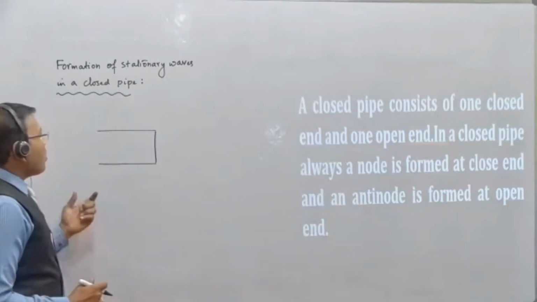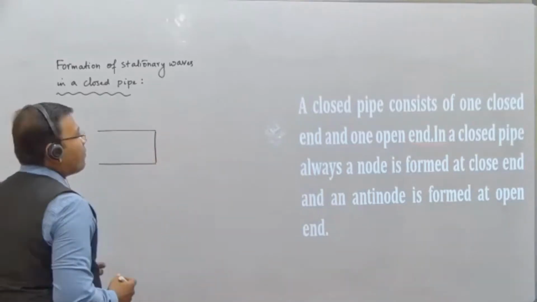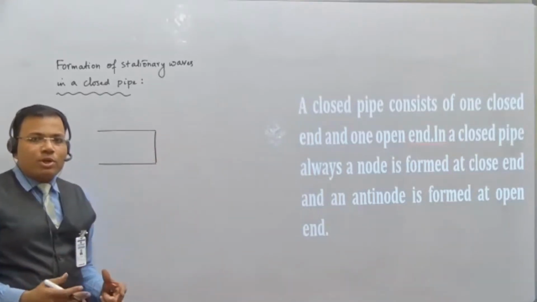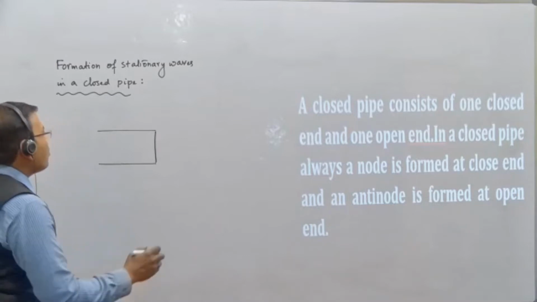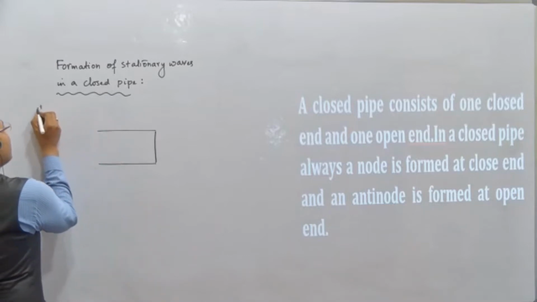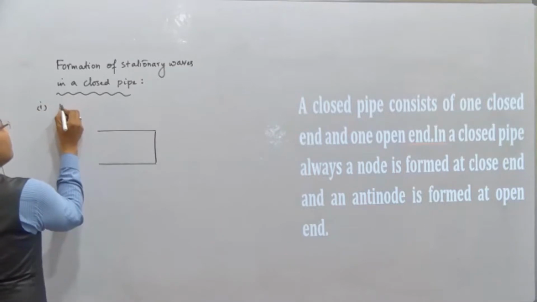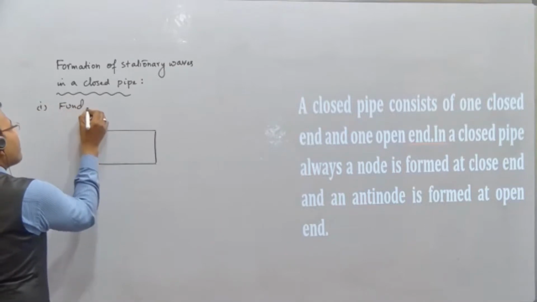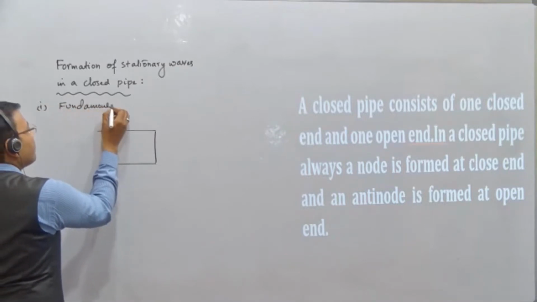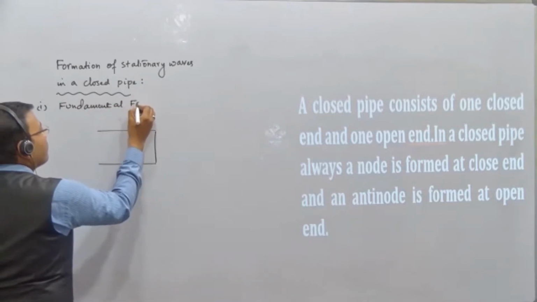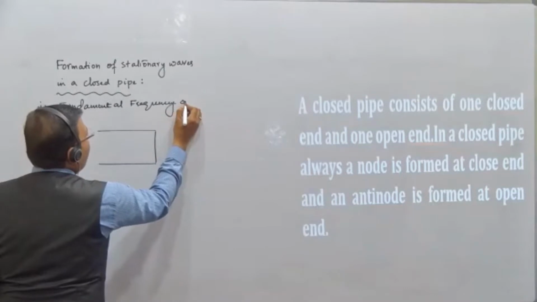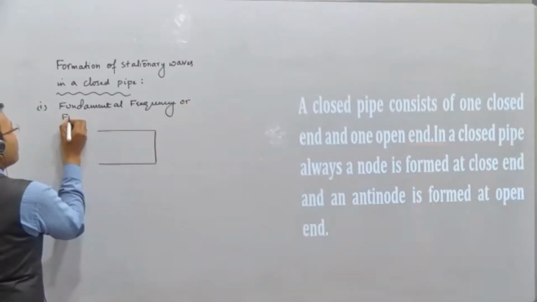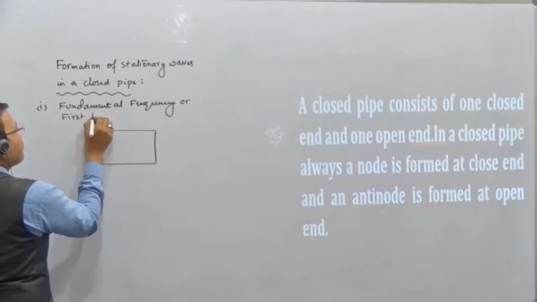So here, I start with the first harmonic, that is the fundamental frequency, or the first harmonic, in this situation also. So first I'm writing fundamental frequency, or this is also called the first harmonic.